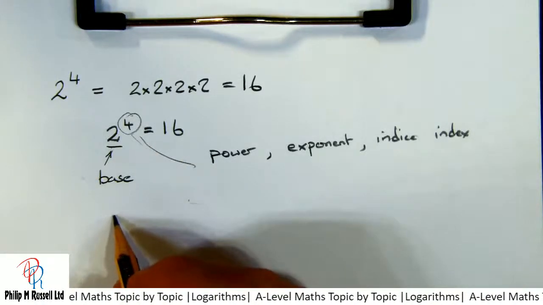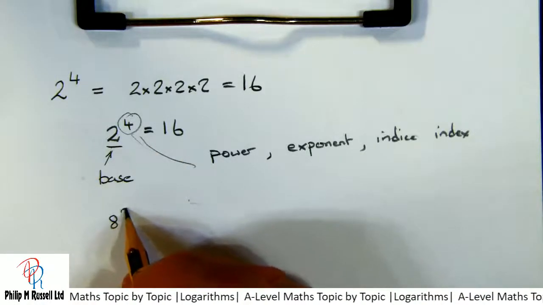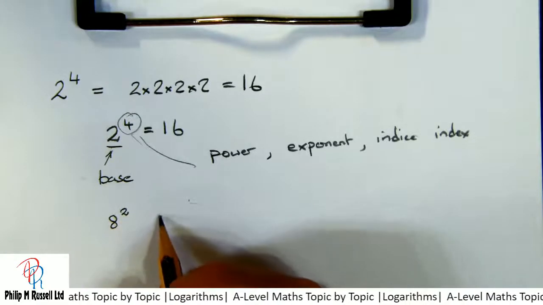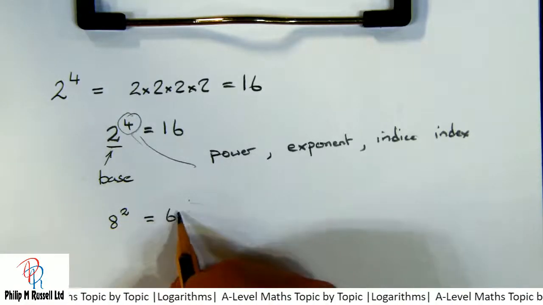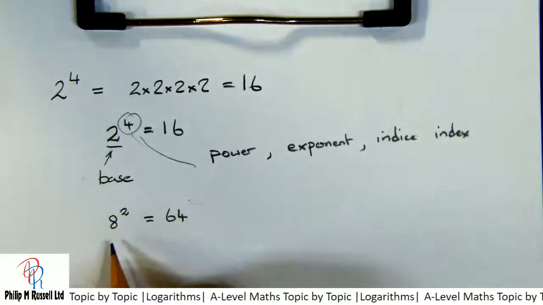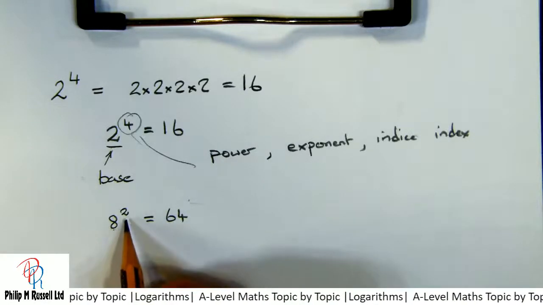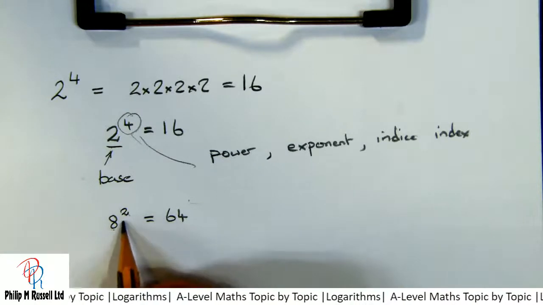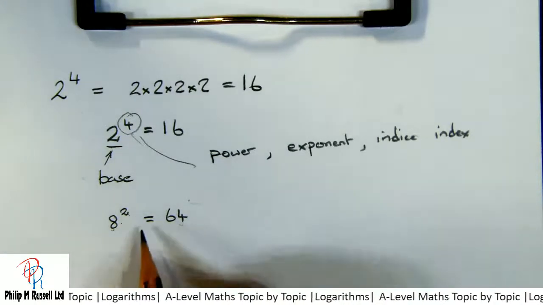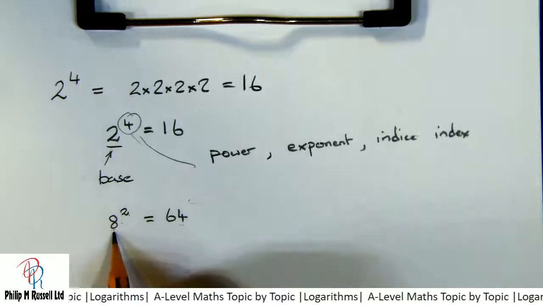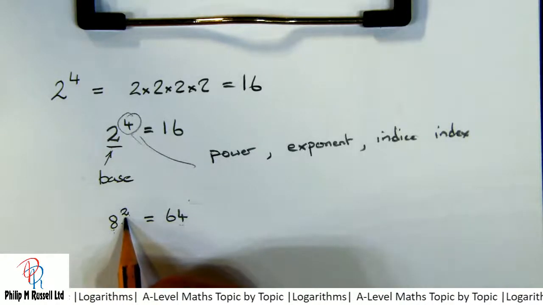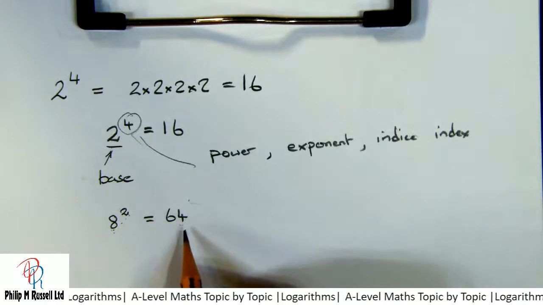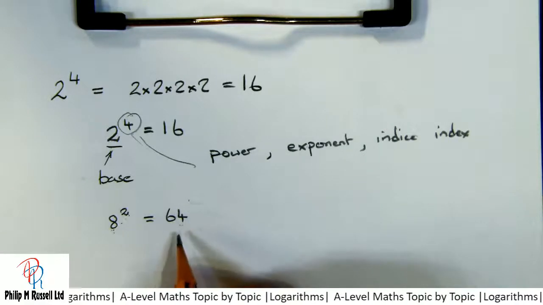We know perhaps 8 squared is going to be 64. 8 to the power of 2, or 8 times 8, equals 64. 8 is our base, 2 is the power, and 64 is our answer.